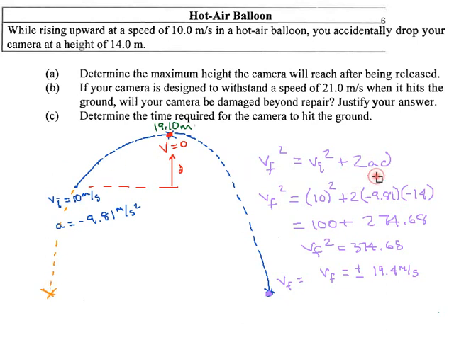The formula thinks that this acceleration and this distance have been true forever, and so it's finding every place that they could have happened, including in the past. So in a weird sort of way, that positive 19.4 does work, assuming that the object has always been flying in this same trajectory. Now, that's not the case, so we're going to ignore that one.